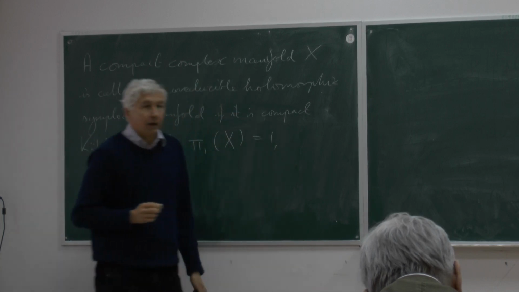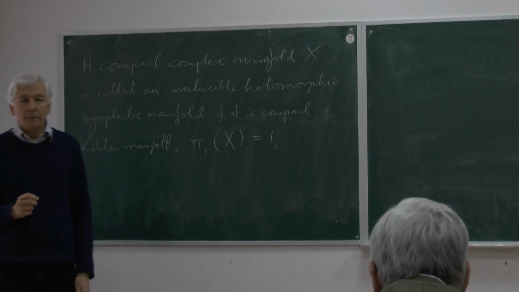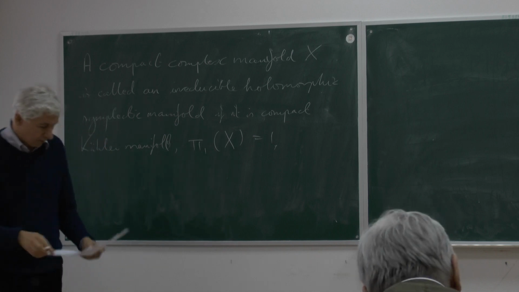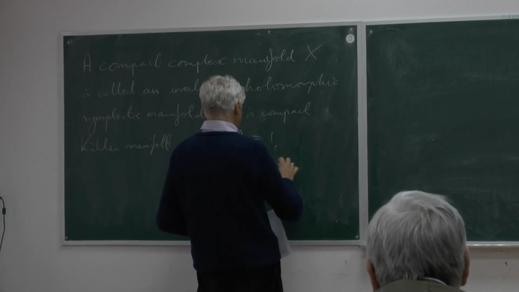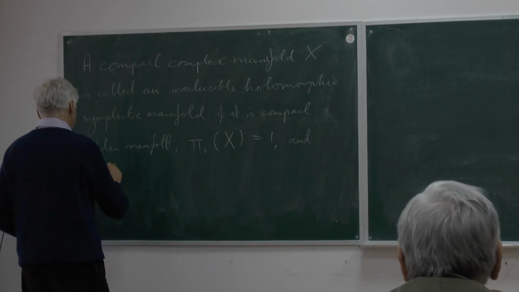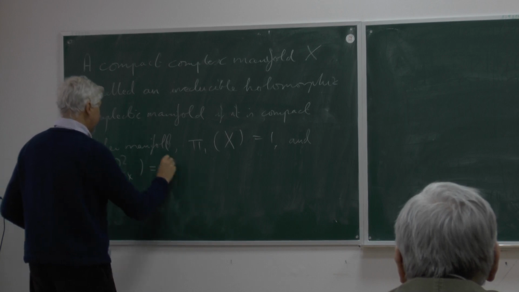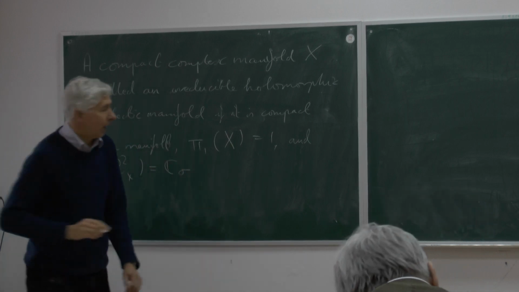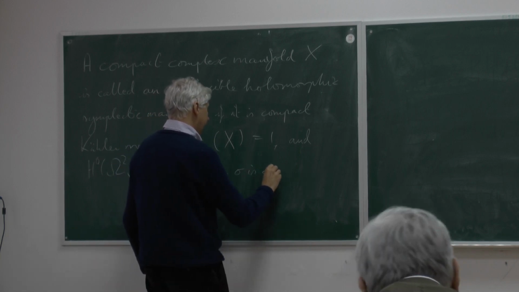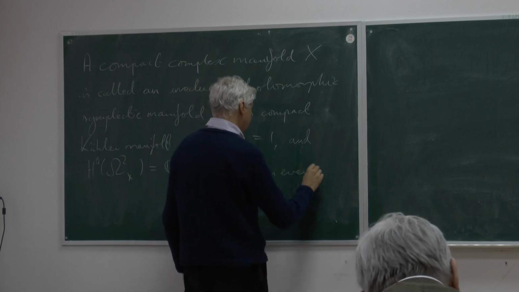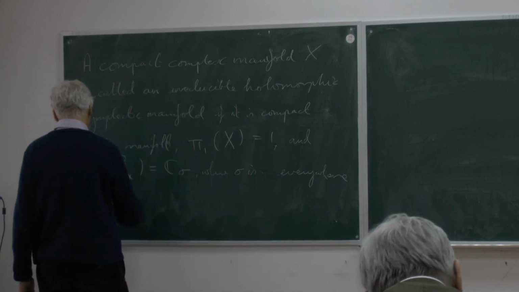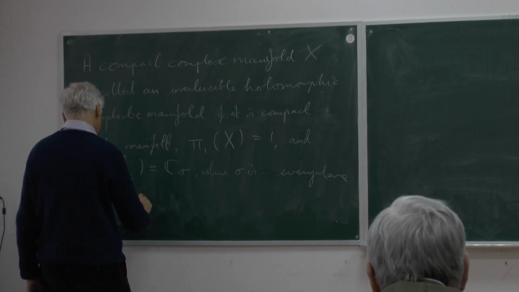And then the main thing is that I want there to be a distinguished two-form which gives me all of H^{2,0}, so H^0 of Omega^2_X is generated by sigma, where sigma is an everywhere non-degenerate two-form.